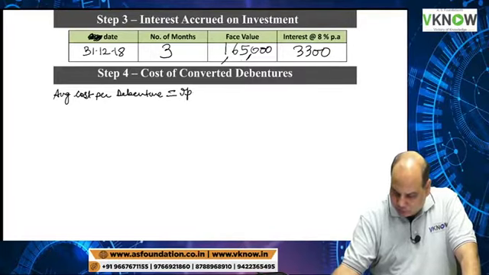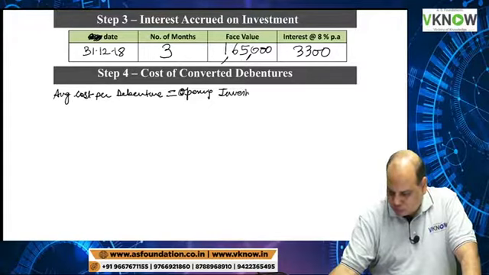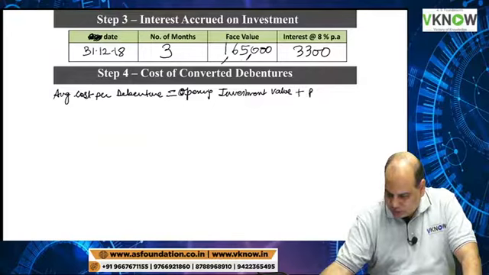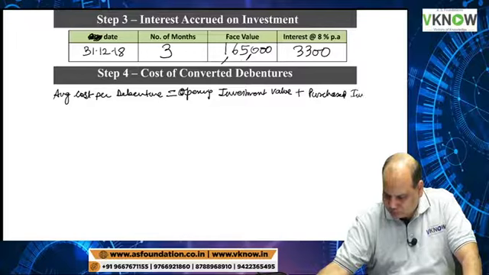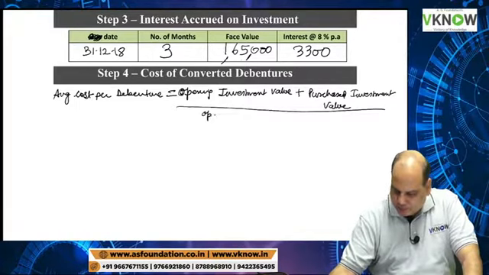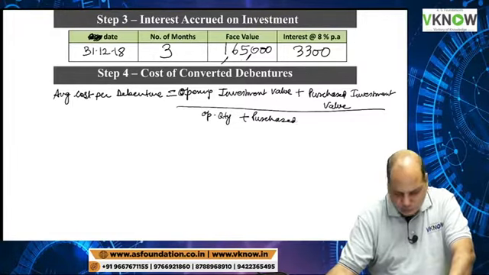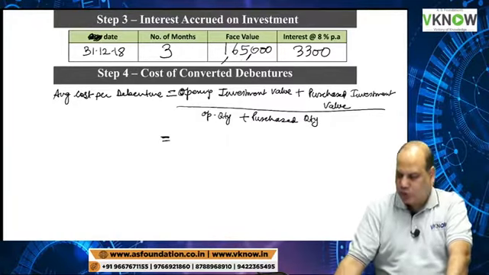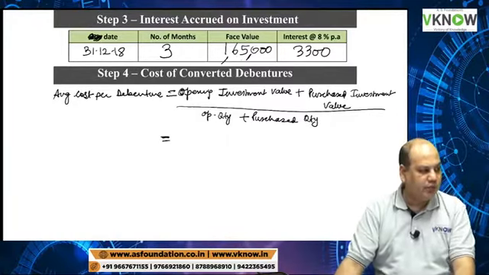Opening investment value plus purchased investment value, divided by opening quantity plus purchase quantity.